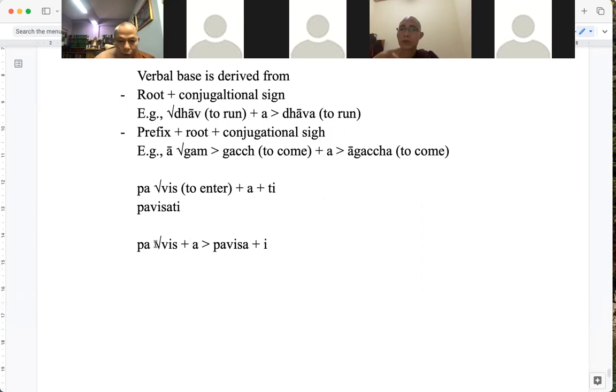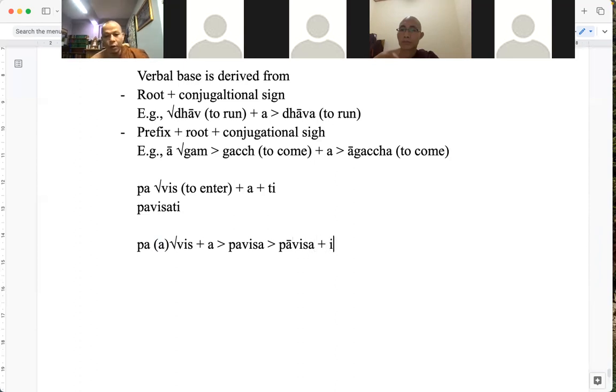At that time, before the root, ā is inserted. Here two short vowels a are together, so the two short vowels a equal one long vowel ā, and we have the pavisā base.